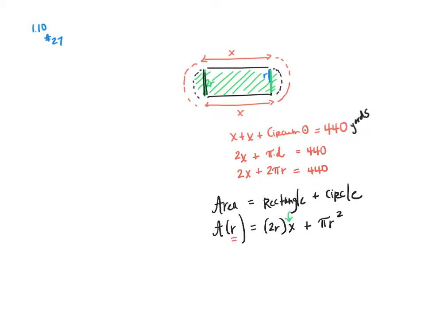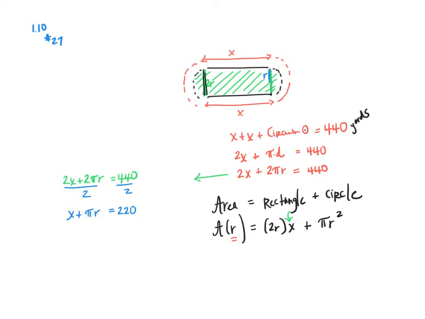Well, that's when I can use my perimeter equation above, and I can isolate the x value. Now, looking at it, I'm going to go ahead and divide everything by 2, just because it'll give me easier numbers. So that's the same as x plus pi r equals 220.